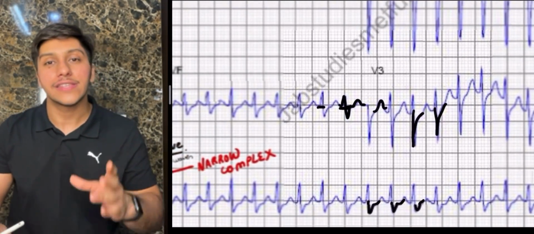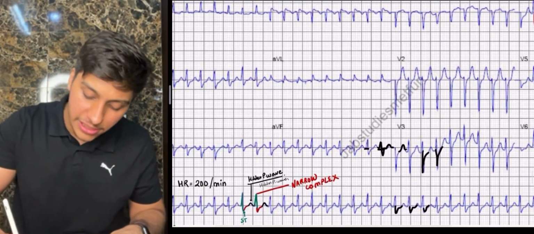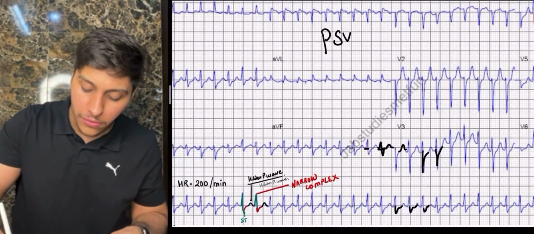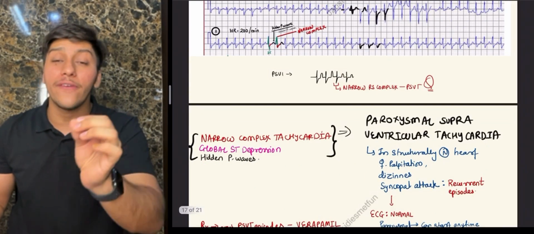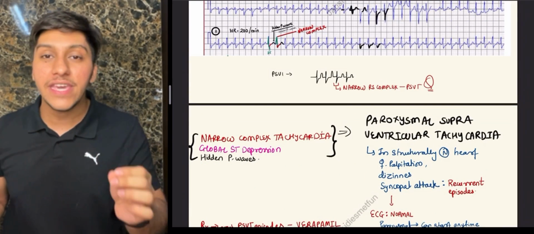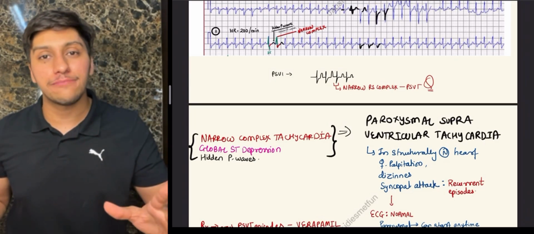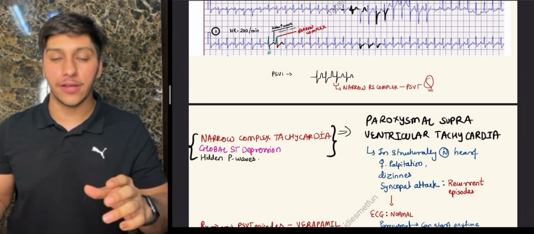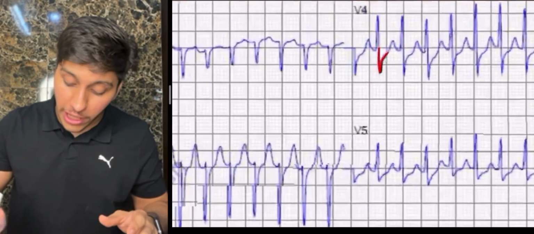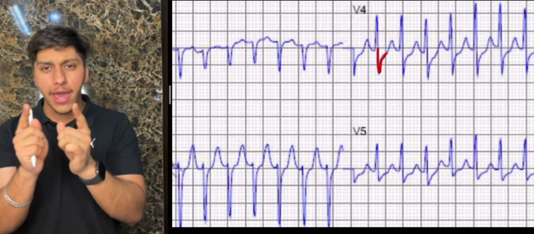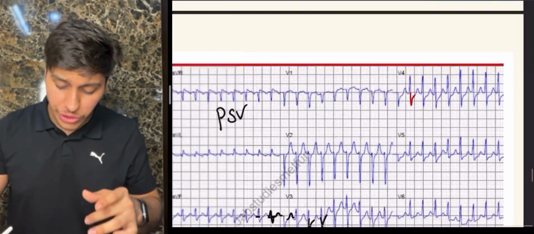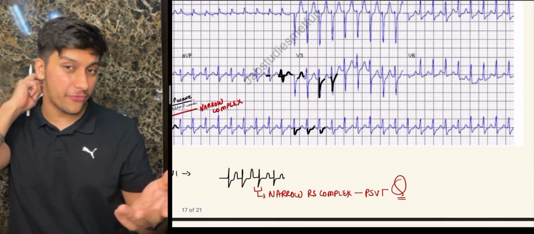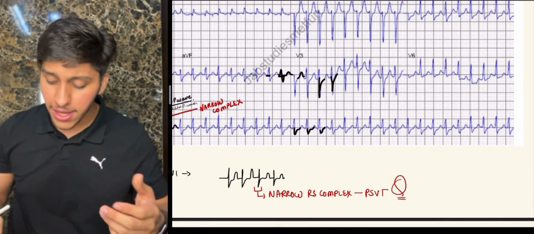This condition, guys, is known as, very good whoever has answered the diagnosis, it is paroxysmal, not paroxysmal nocturnal, sorry, paroxysmal supraventricular tachycardia. Okay, PSVT. You're having a combination of global ST depression, narrow QRS complex, and a hidden P wave. Usually you cannot detect this in a normal ECG. You use a Holter device and then you see.